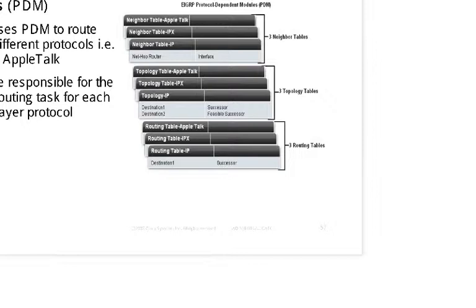So I have one neighbor table, because we said that we need to maintain the neighbors around each router. So each router has to store the neighbors. I have one table for AppleTalk, one table for IPX, one table for IP. Similarly, there is what we call the topology table. From the hello messages, we discover all the neighbors.